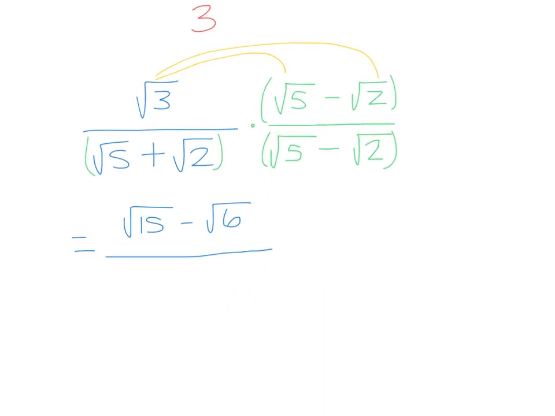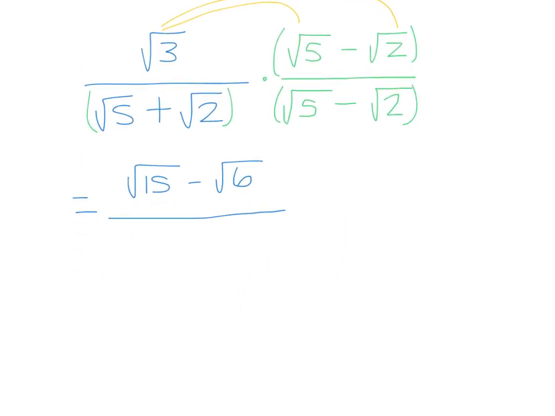Okay, now in the denominator, we're multiplying two things that have two terms, so we can use FOIL. So the first term times the first term, so square root 5 times itself, well, that's just going to be 5. And then we take the outer terms, square root 5 times a negative square root 2. Well, that's a negative square root 10, just multiplying the 2 and the 5.